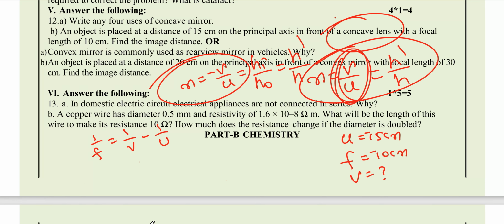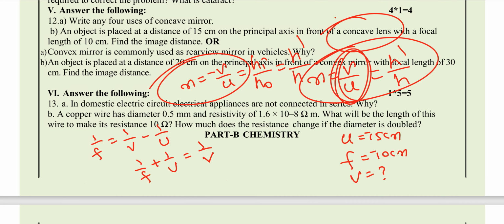Now what we want? V, image distance. So keep 1 by v as it is. 1 by f plus 1 by u is equals to 1 by v, because we want v, so keep the v term as it is, minus 1 by u comes to this side, plus 1 by u.